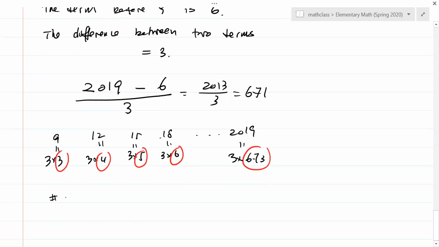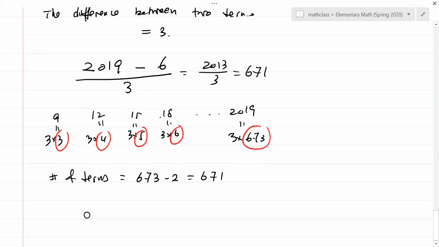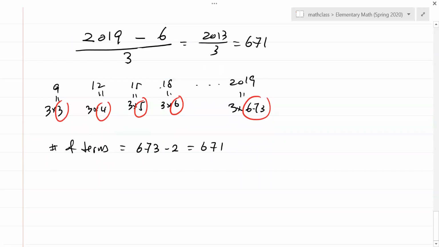So the number of terms is going to be 673 minus 2. That's why it's 671, because it began with 3. The term before 3 is 2. This is how we get these answers. But I used a formula. If you understand the formula, you can quickly get the answer. You don't need to decompose the numbers into some nice forms.